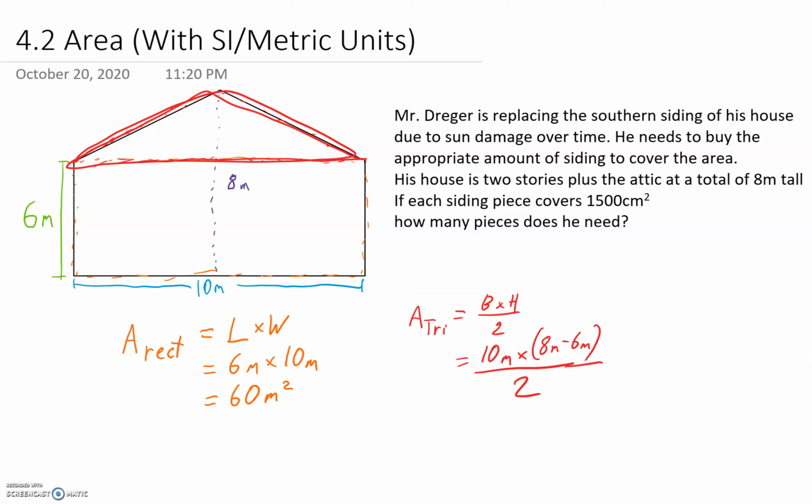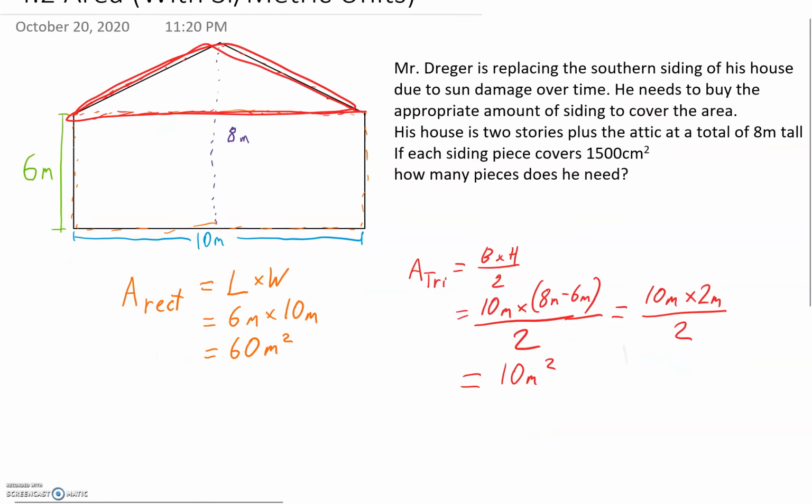If we simplify that, we'd have 10 times 2 meters divided by 2. 10 times 2 is 20, divided by 2 is 10. So 10 meters squared.